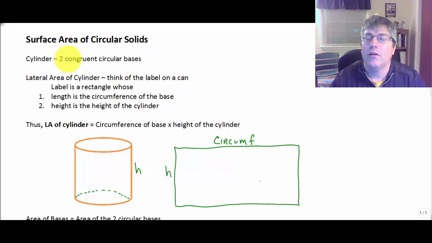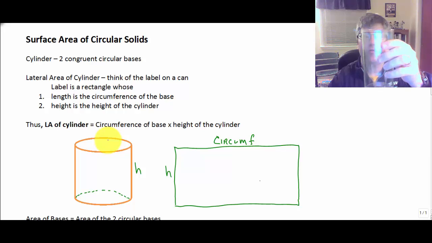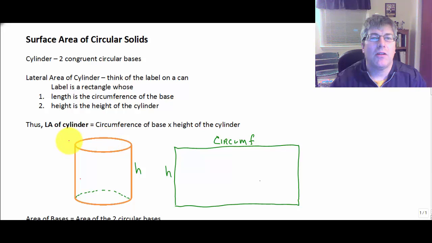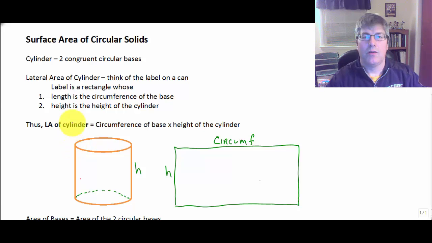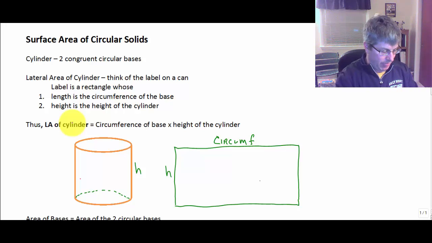So a cylinder is one of the things we're going to be working with, and it is made up of two congruent circular bases. Kind of like the diagram we have here, or any can that you might have. And the lateral area of our cylinder, think the lateral area of a can, the outside of our cylinder.